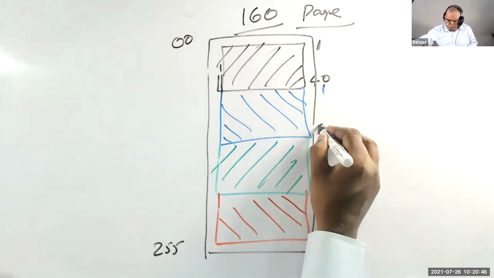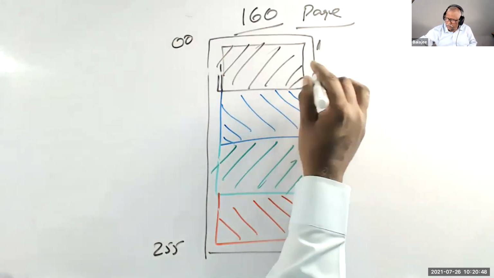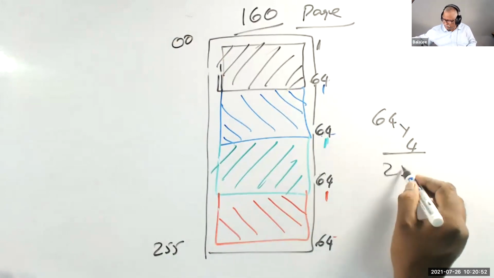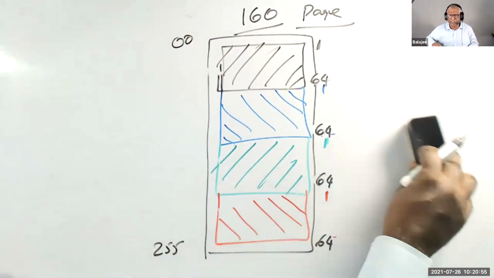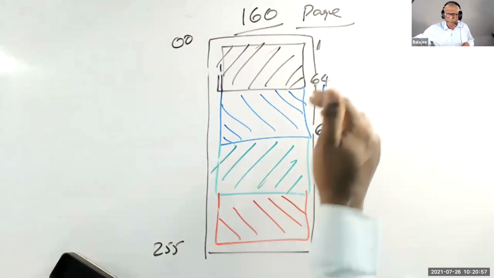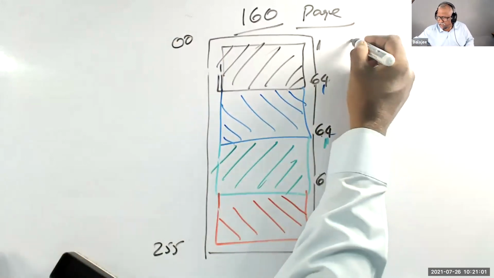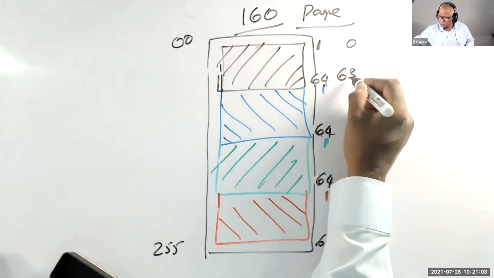Because 64 into 4 is 256. Now each one is 64, but we don't write like this. We always write 0 to 63.